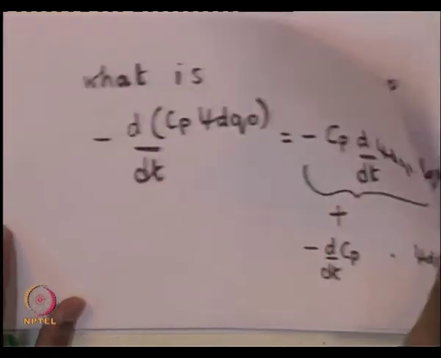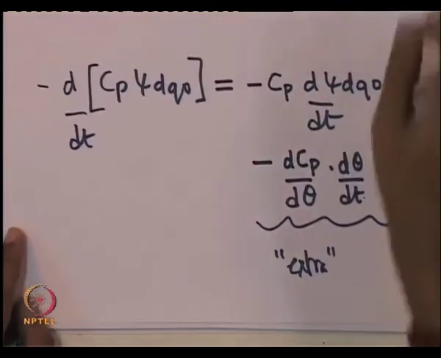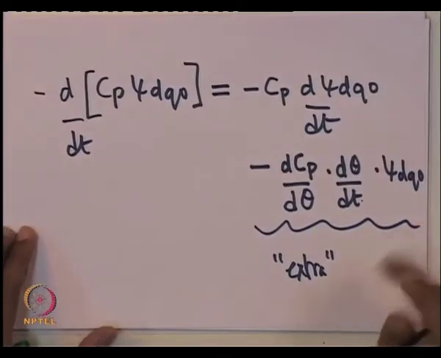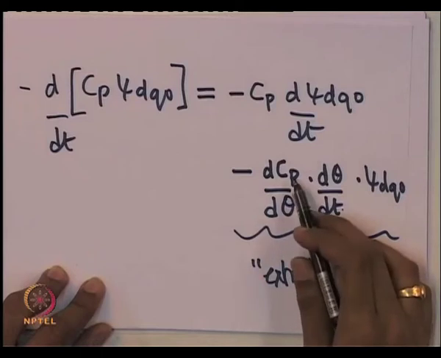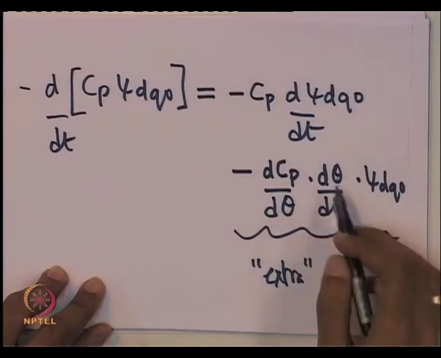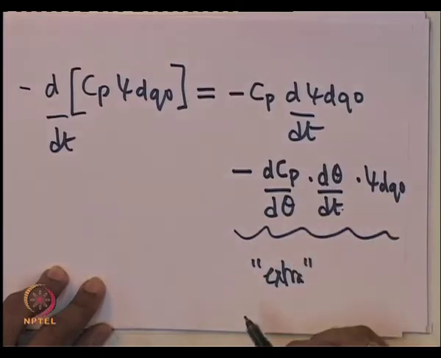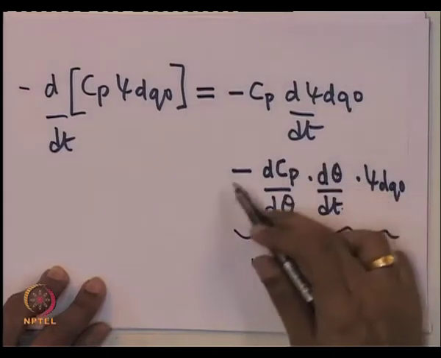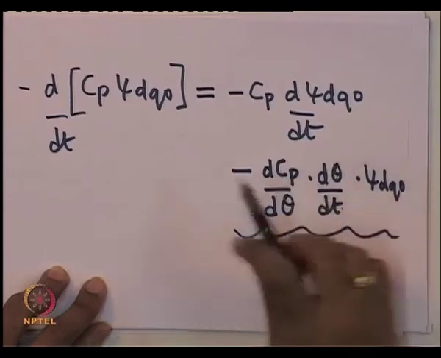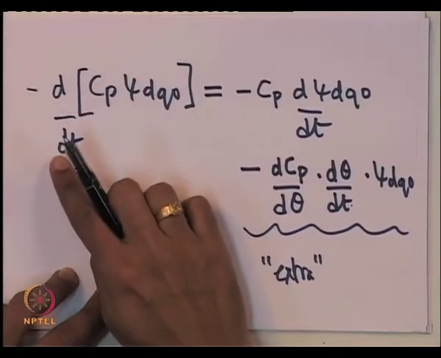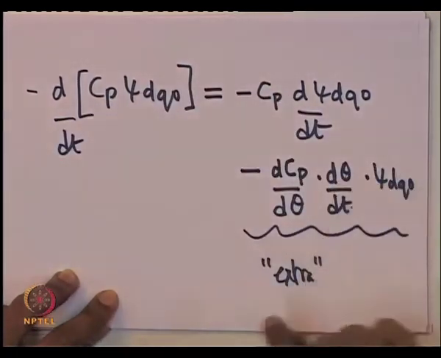We have to apply the chain rule, so this is in fact having 2 terms. Your flux relationship has been rewritten again. This particular term d C p by dt can be written as d C p by d theta into d theta by dt. This extra term, as we discussed in the previous class, comes out because of being mathematically consistent while applying the transformation of variables.